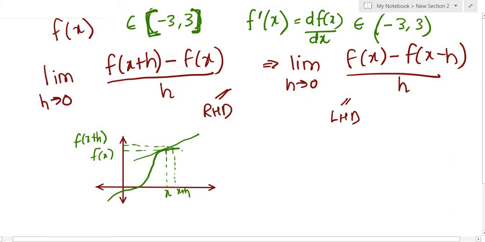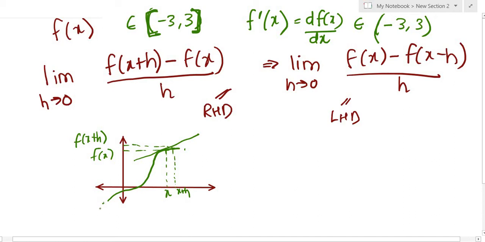That's because, at these end points, say at this point, you don't have an RHD, right? Because if you take a value slightly greater than x, say x plus h at this point, so 3 plus h, which is greater than 3, the function is not defined because it's only defined on minus 3 to 3. 3 plus h is going beyond 3. Same thing over here, there's no LHD at the end point of minus 3.